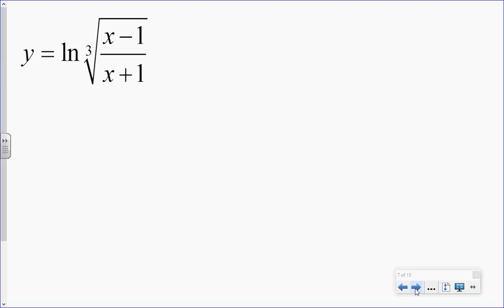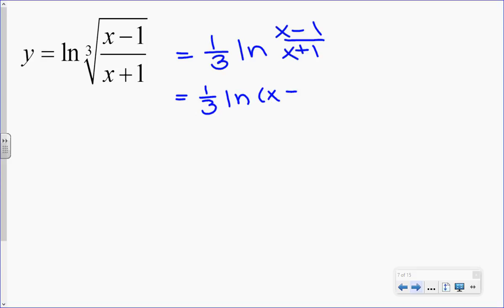We can expand this to, first of all, be 1/3 times the natural log of this quotient. Okay? Still not worth our time to leave it like that. Okay? Our time is valuable to us. We can write this as 1/3 natural log of x minus 1 minus 1/3 natural log of x plus 1.